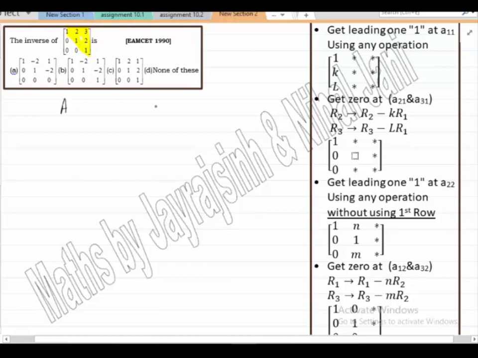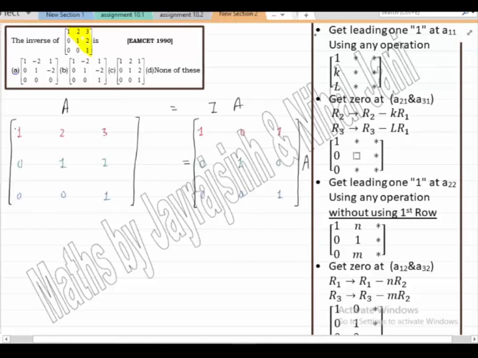First of all, we have to write in the form of A is equal to IA form. Then get the leading one at A11 point. Luckily, we already have 1 at A11 as well as 0 at A21 and A31. So the first and second steps are completed.